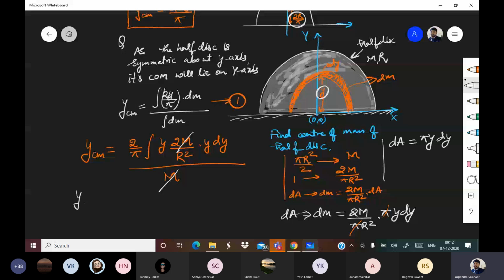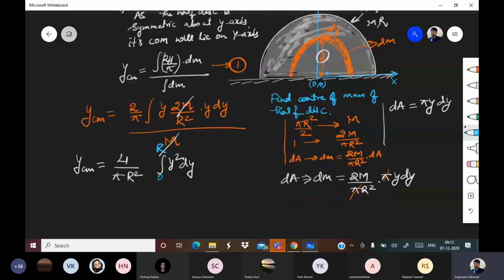2 into 2 will be 4 upon pi r square, and here it will be y into y is y square dy, and the limit will be from, now pay attention, while you are taking these rings, the first ring which you are getting is here and the last ring you will be getting here. So your limits will be from 0 to r.